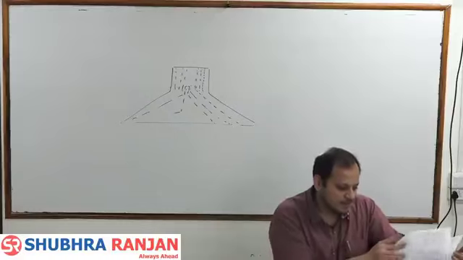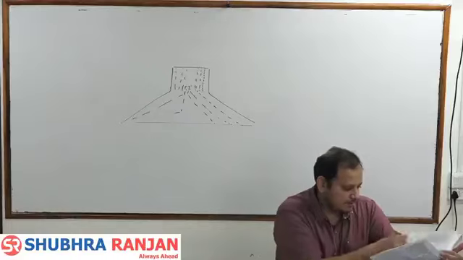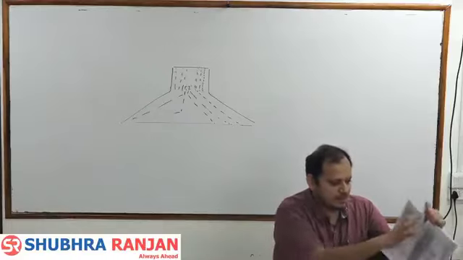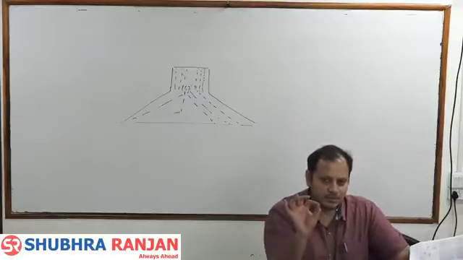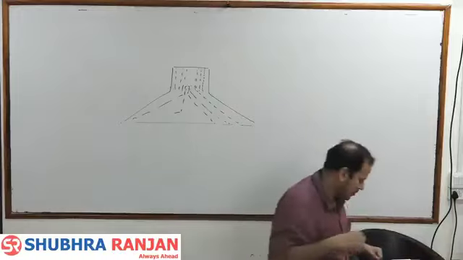From these 5 pages, right from here till here, you have to just take out 20 lines. Fine. So a common conclusion you can note down.